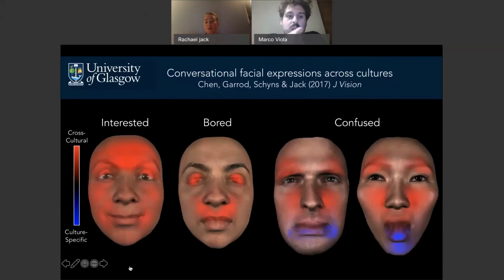Now, if we take our facial expression models and try to use them in a cross-cultural context, we do find that there's confusion. So Westerners don't really recognize the East Asian facial expressions of confused and vice versa. So rather ironically, conveying confusion across cultures just causes more confusion.